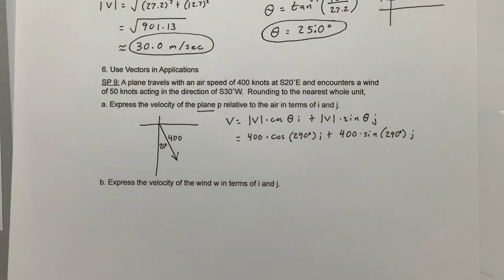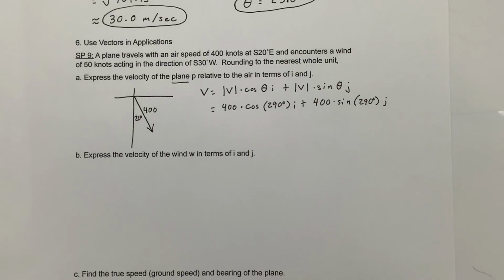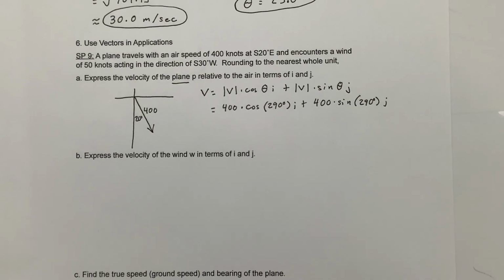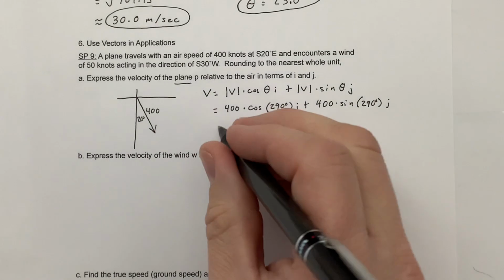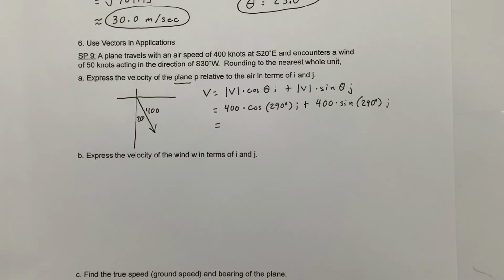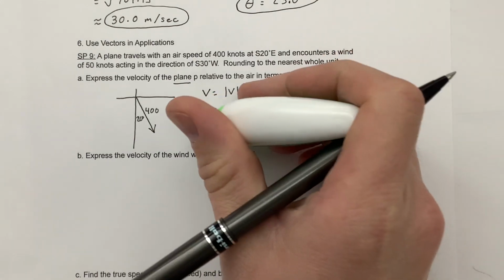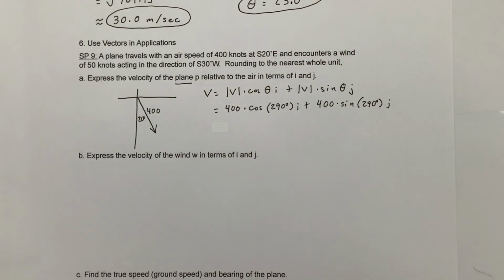Nice thing is, once you got it for cosine, then you got it for sine. Let's go ahead and go whole number approximations there. Again, 290 is not going to be on your unit circle.